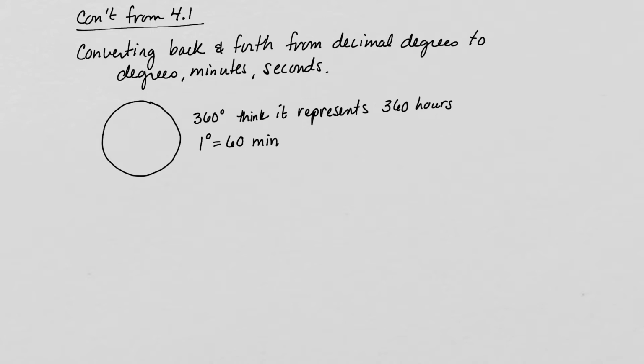And how many seconds are in every minute? 60, right. So 1 minute is equal to 60 seconds, which means 1 degree is equal to 3,600 seconds. The reason is that if 1 degree is 60 minutes, and each of those 60 minutes has 60 seconds in it, you have 60 times 60, which gives you 3,600.